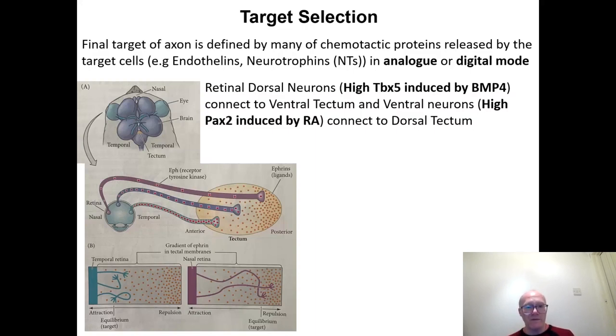And this PAX2, which is induced by retinoic acid, allows connection to the dorsal region of the tectum. This, if you want, is an example of a digital mode. High level of TBX5 or high level of PAX2 giving you different target sites in the tectum.